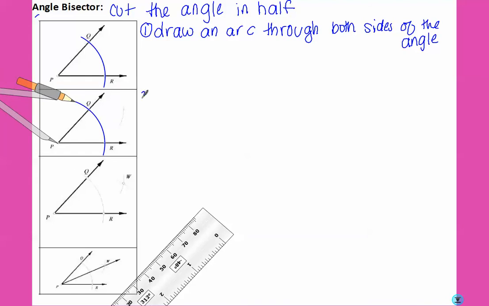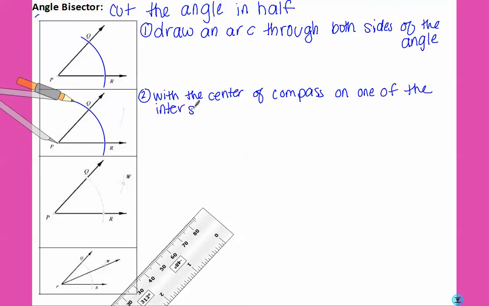Then, with the center of the compass on one of the intersection points, we're going to draw an arc on the interior of the angle.